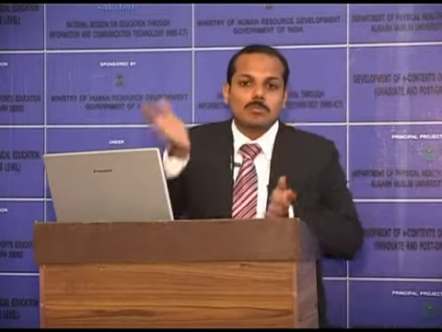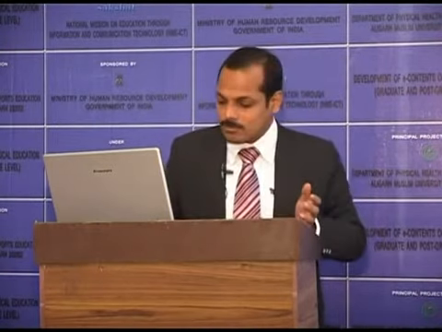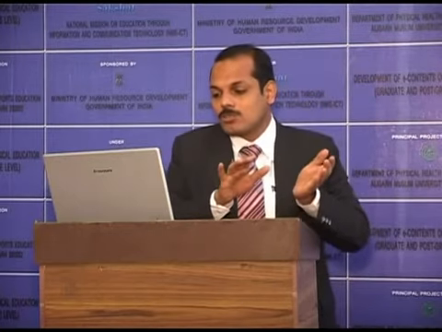Subtalar joint supination is the locking of the joint, that is, the locked or close packed position of the subtalar joint. So once this joint is locked, the transverse tarsal joint also goes into a supination motion.